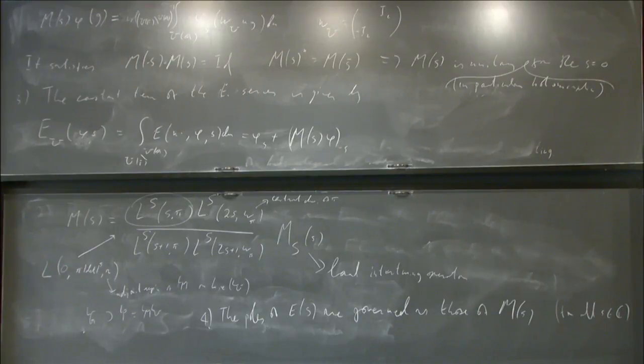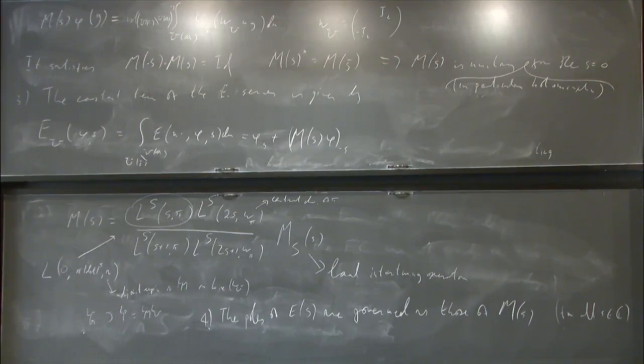So first of all, this omega, this W, is just the Fourier coefficient of the original section, so inside the GL2, so to speak.